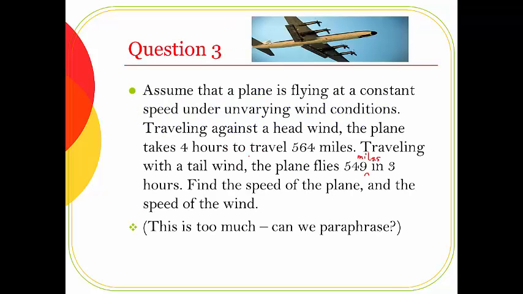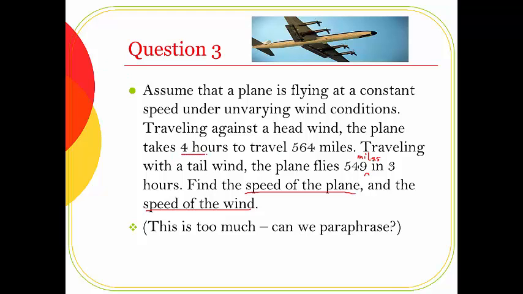Now, if we look at this question, they said find the speed of the plane and the speed of the wind. Okay, they didn't give us speed directly. The unit of speed is miles per hour, but they did not give it to us. Rather, they gave us the miles and the hours.